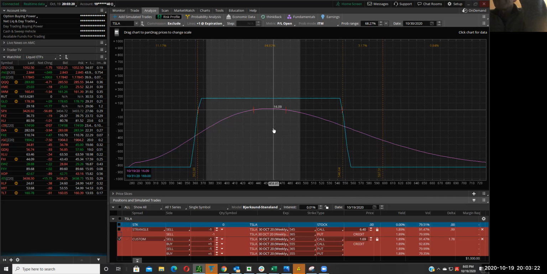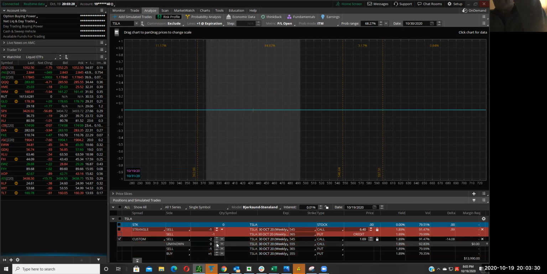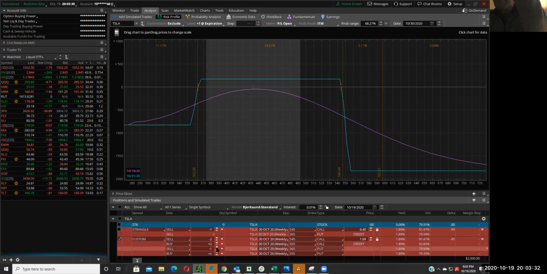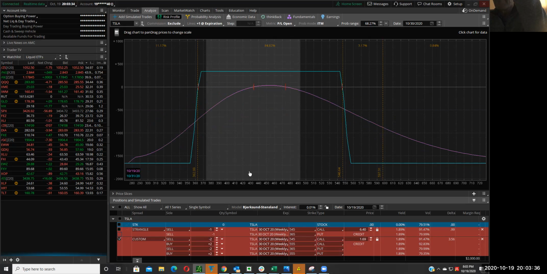So you're giving up a considerable amount, but then if you wanted to, let's go up to 2 contracts instead of 1 contract. And now we can make $338, maximum loss is $1,662 on either side, the upside or the downside, but we have an 84% probability of profit.